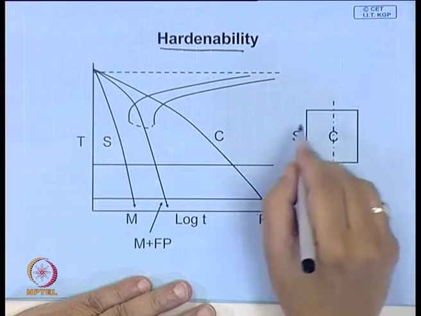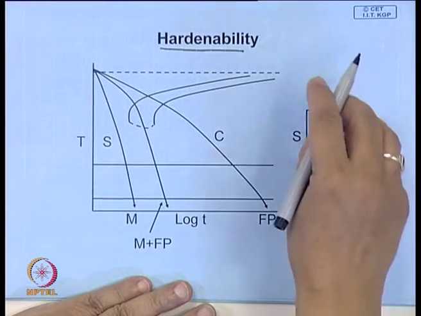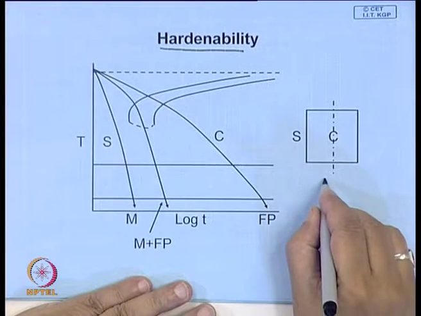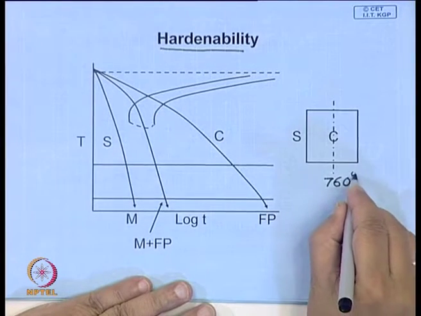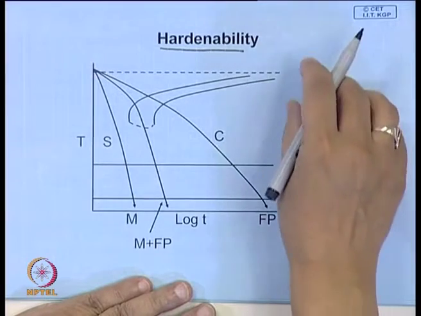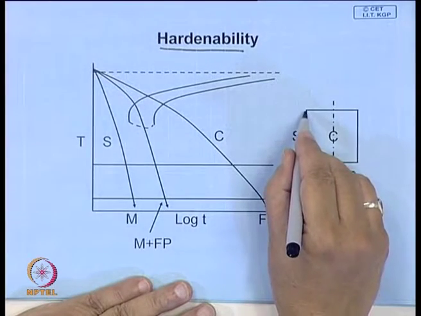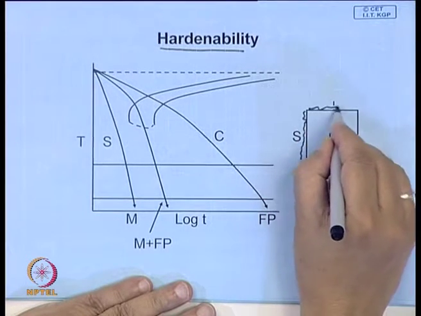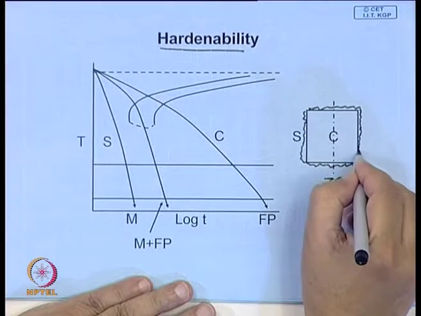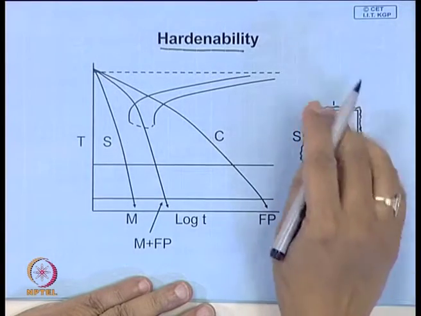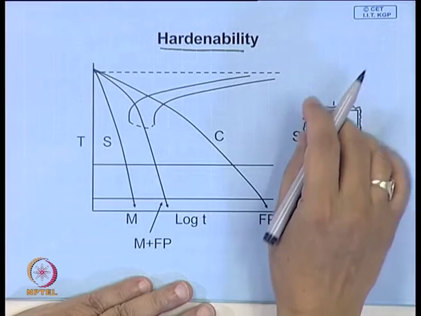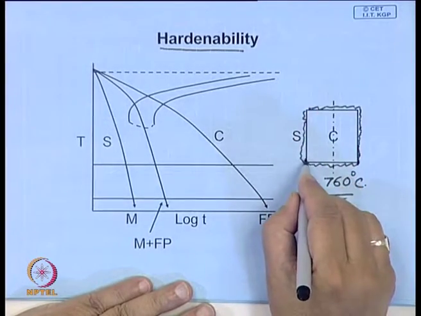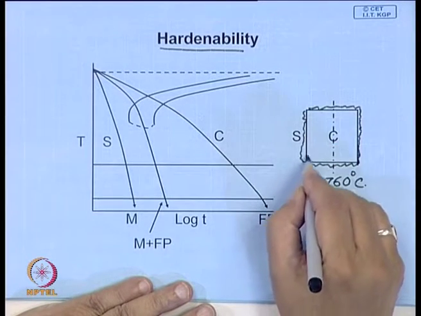Imagine this has a temperature of around 760 degrees centigrade; if you dip it in cold water, suddenly a blanket of steam will form. Now, a blanket of steam is actually not a good conductor of heat.